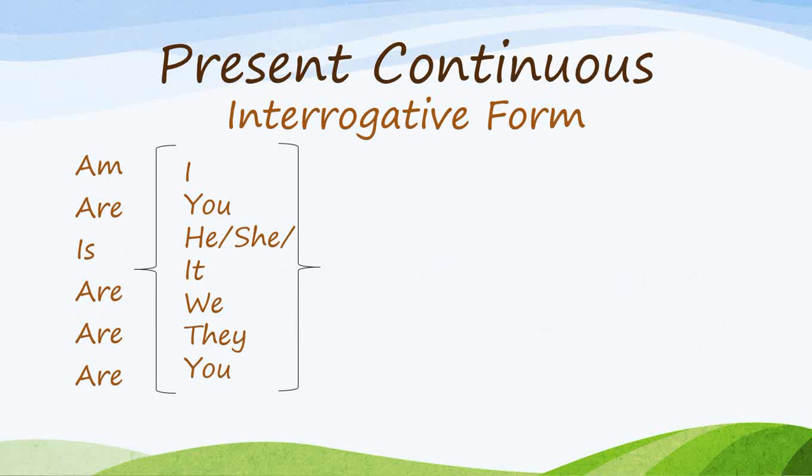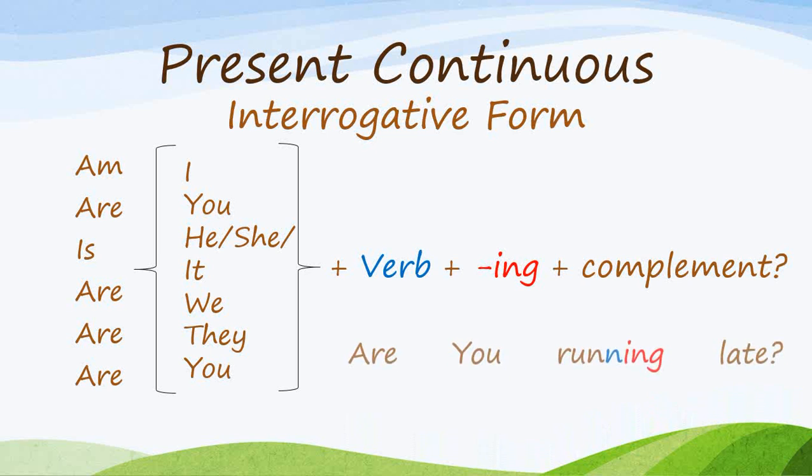Now, for the interrogative form, we can see that the first part of the structure is the verb to be. Then we can find the subject plus the verb with the ending ing plus complement and the question mark.